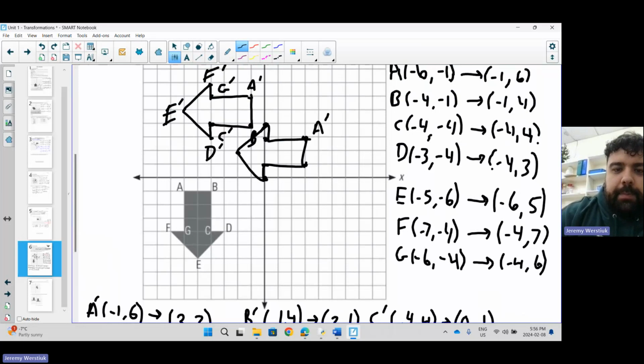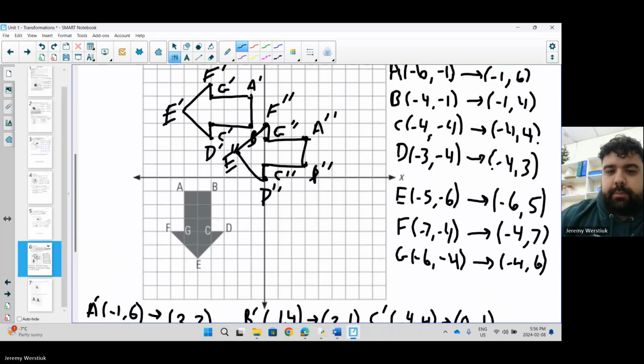This would be A double prime, B double prime. C double prime is in there. D double prime is right there. E double prime, F double prime, and G double prime is right there.